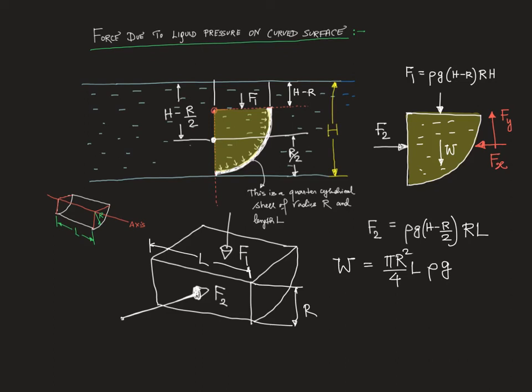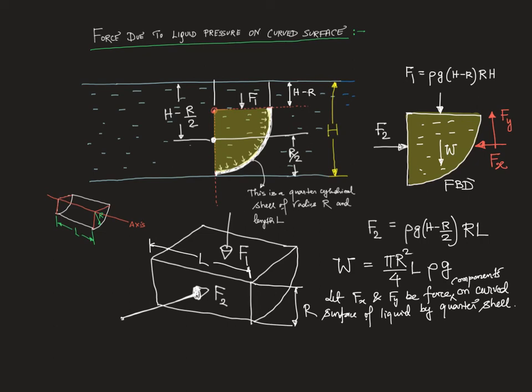Let Fx and Fy be the force components on the curved surface of the liquid by the quarter shell, or due to the normal force between the quarter shell and the curved surface of the liquid.